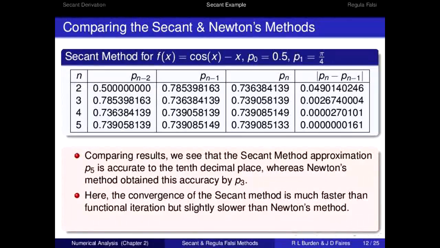It is accurate up to 10 decimal places, whereas Newton's method accuracy is up to, yes.